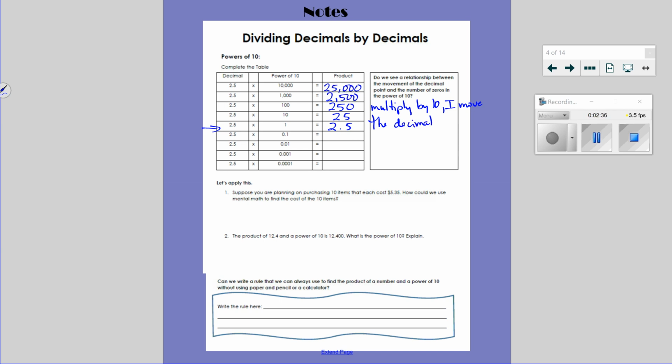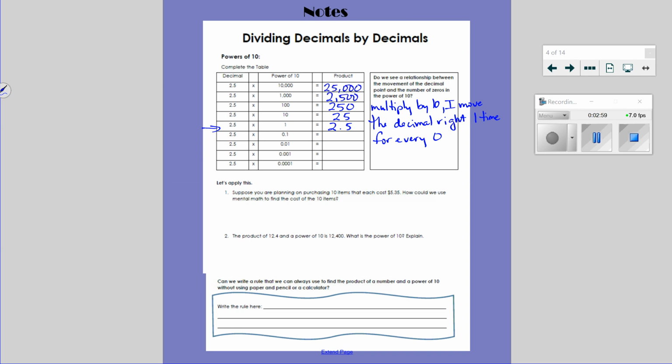Which direction was the decimal going in this case? Right. One time for every 0. So in 1,000, there's 3 zeros, so I move my decimal 3 places to the right. In 100, there's 2 zeros, so I moved it 2 times to the right.